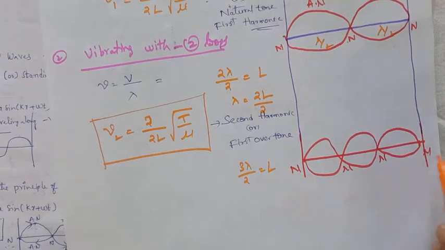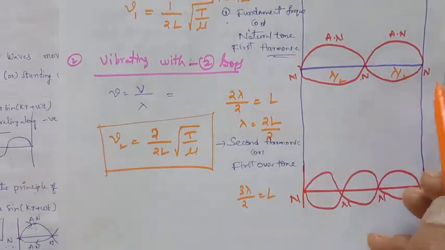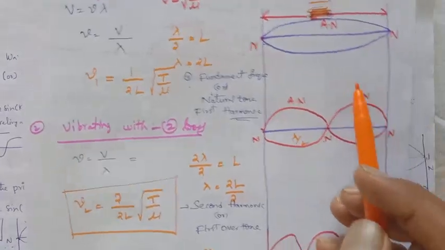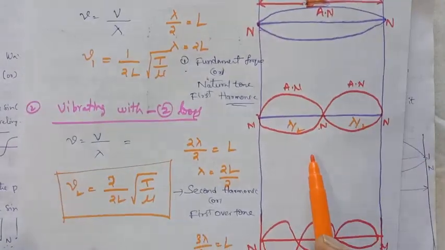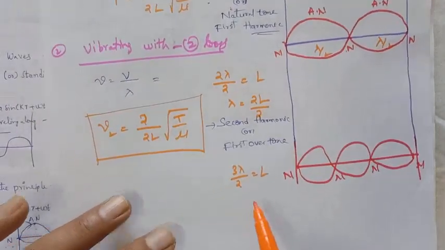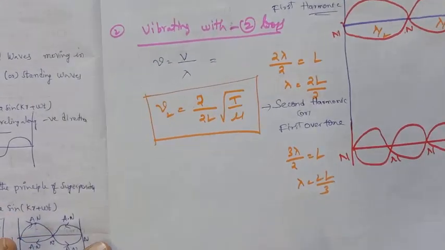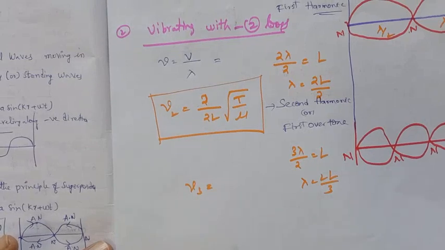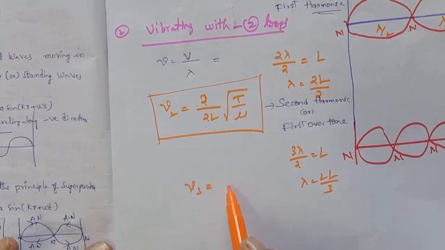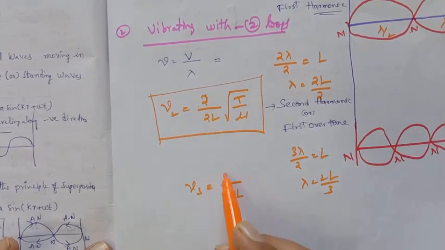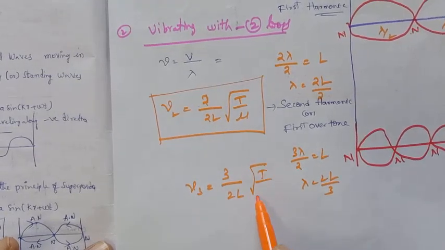The length of the string remains constant here, but here it is vibrating with one loop, then 2 loops, then 3 loops. At that time lambda is equal to 2L by 3. Then the frequency nu 3 is equal to 3 by 2L under root of T by mu.